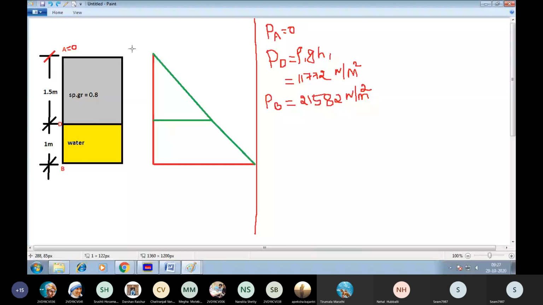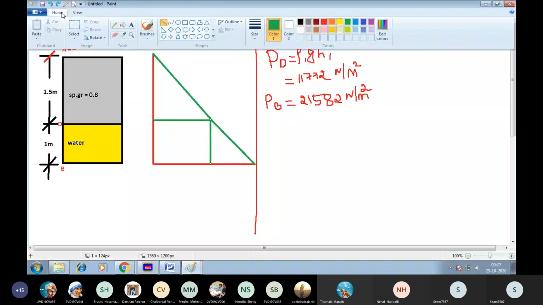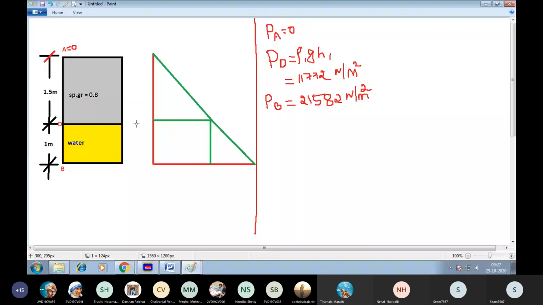And calculate the value of the other things. Next, what are the things you are going to calculate here?